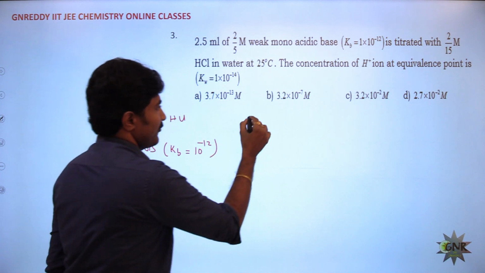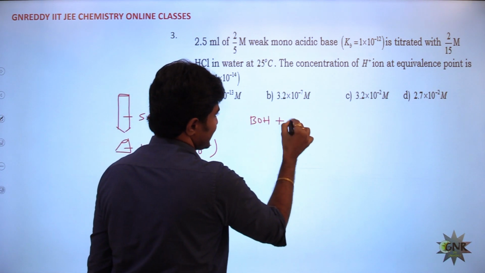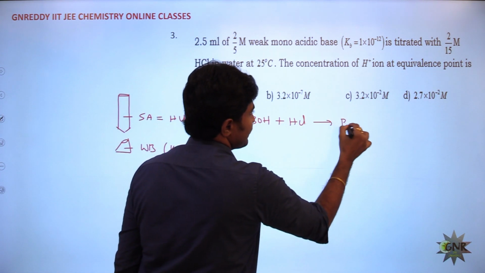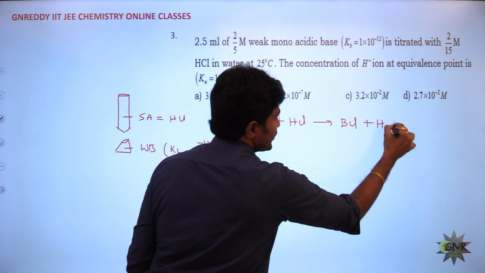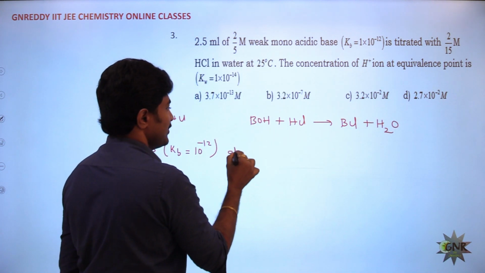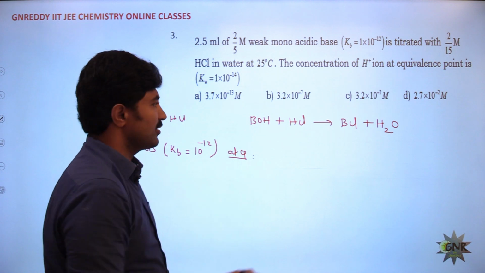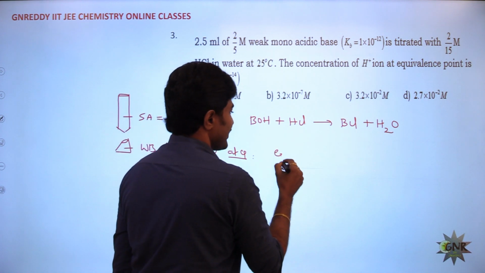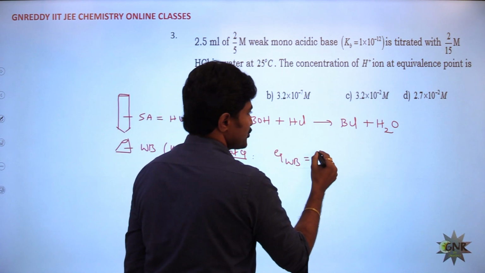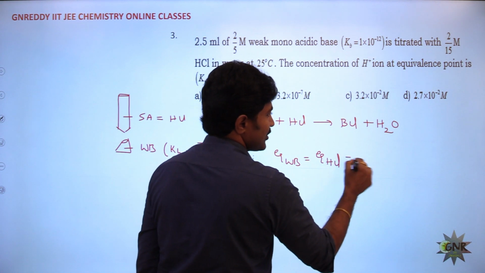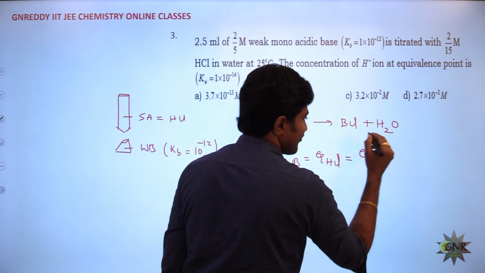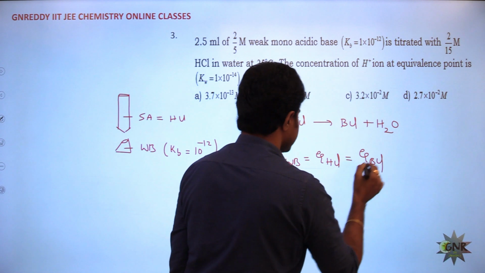Now when this weak base interacts with HCl, what happens here? First BCl salt will be produced at the equivalence point. So we know only salt will be produced. Equivalents of weak base consumed is equal to equivalents of HCl consumed is equal to equivalents of BCl formed. So this is the salt.